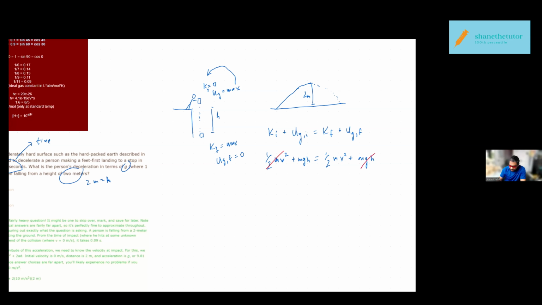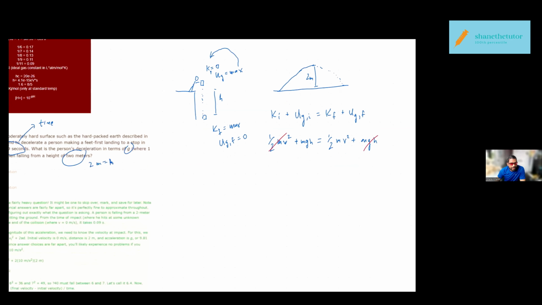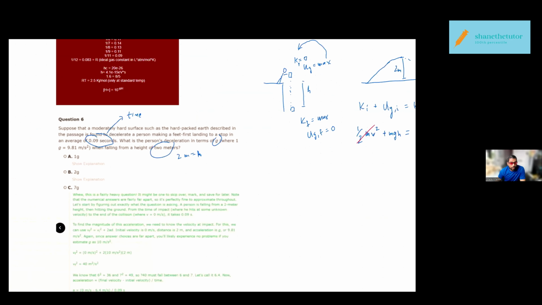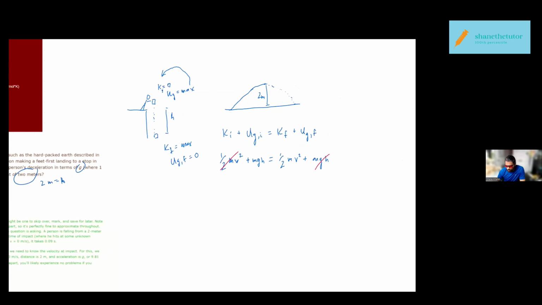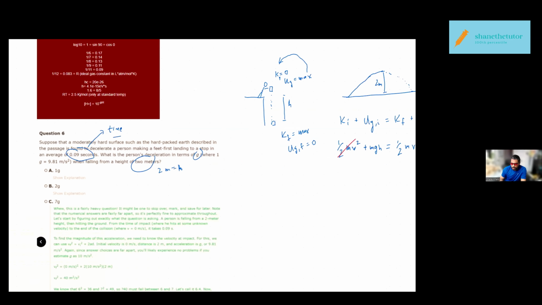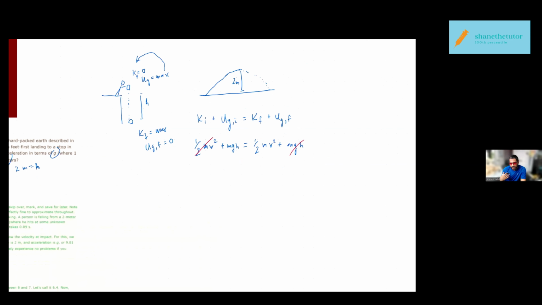So now let's just do some algebra to solve for our velocity, right? Because the question's asking for acceleration, but in order to get that, we want to get velocity. Why? Because they give us the value of time. So they give us time, we just need to find velocity to find acceleration. So okay, here we can actually get rid of these masses on both sides also, right?